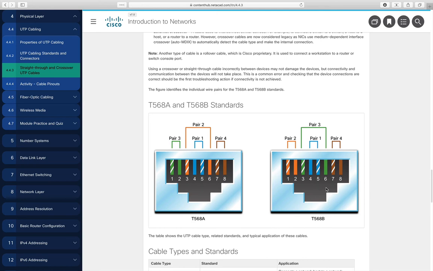And all the pins would go, quote, straight through. If you need a crossover cable, you wire an A on one end and a B on the other end. And then, like I said, that will cross transmit and receive, or pins 1 and 2 will cross over to pins 3 and 6.